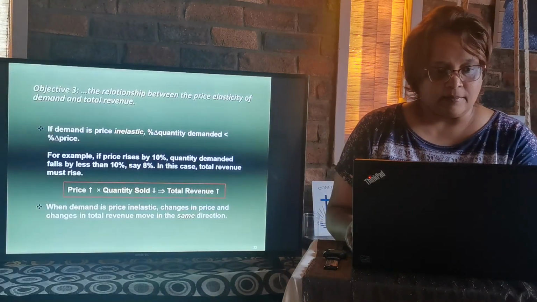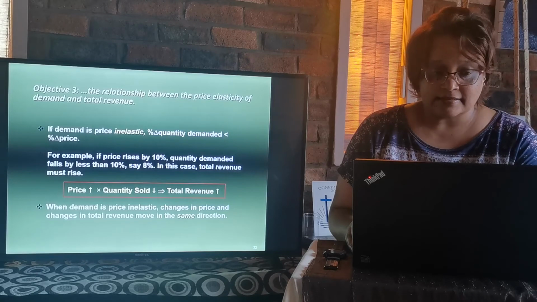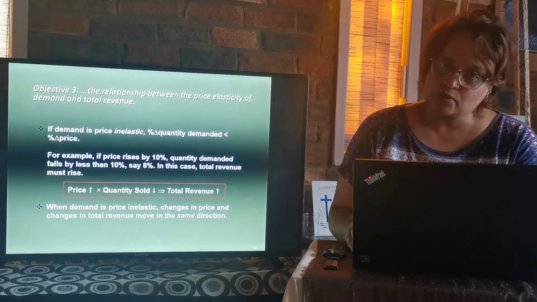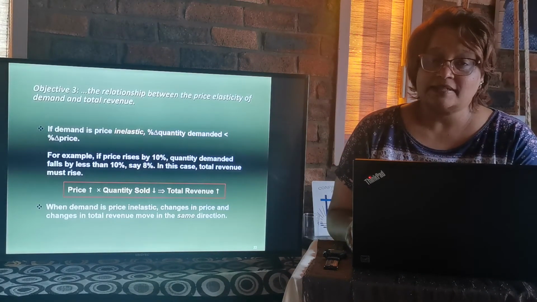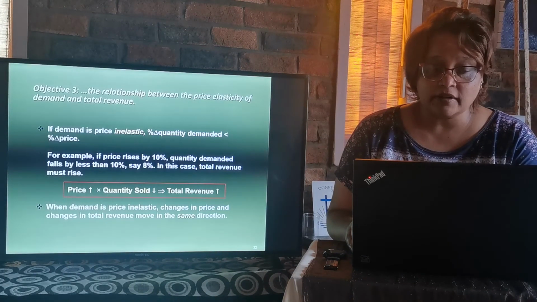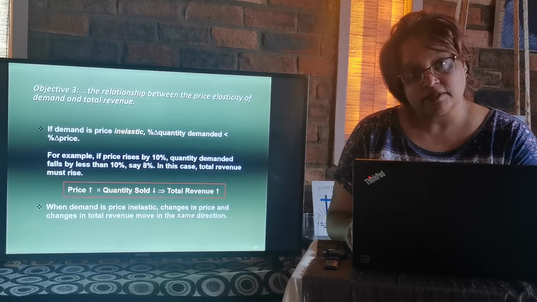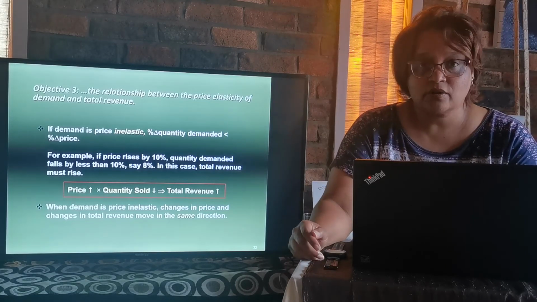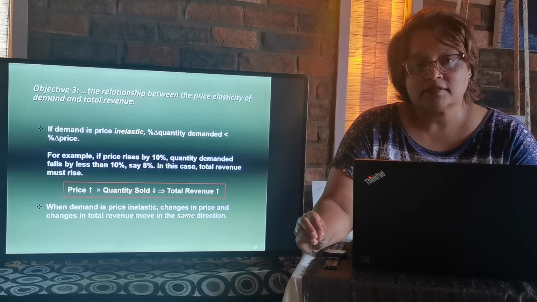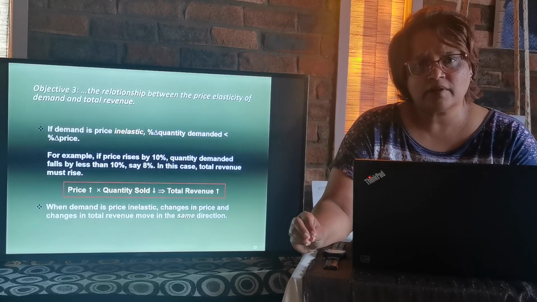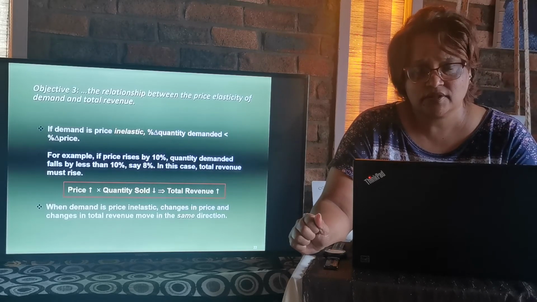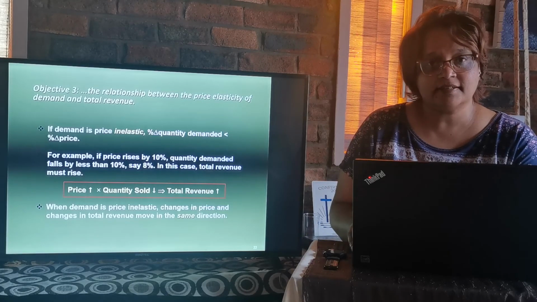Next, price inelasticity. The percentage change in quantity demanded is now smaller than the percentage change in price. The inverse relationship. So here the price cannot determine the demand, because the demand is not going to be responsive to any price changes. Let that sink in.